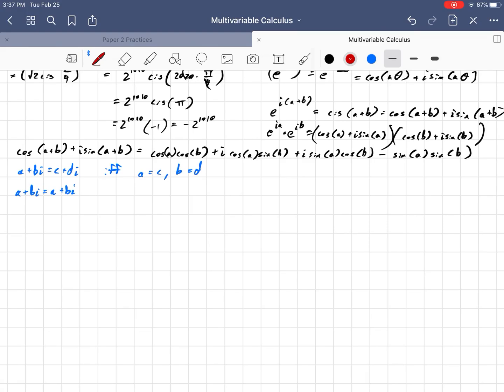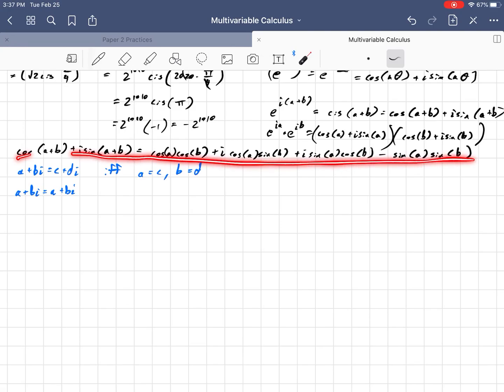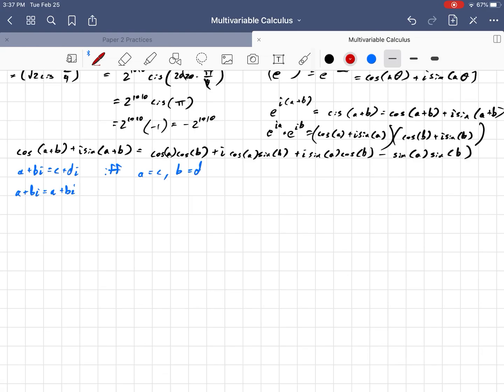So we can look at this nasty expression here, and we can just equate the real parts to this and the imaginary parts to that. So in other words, cosine of a plus b, I'm looking at the real parts, which is this.